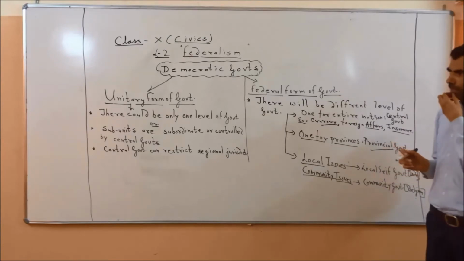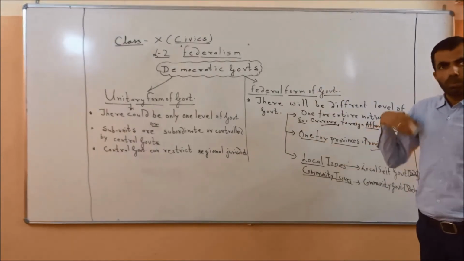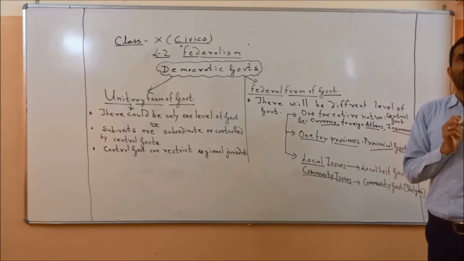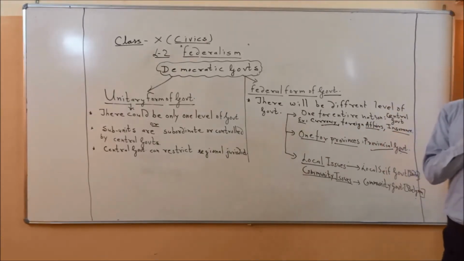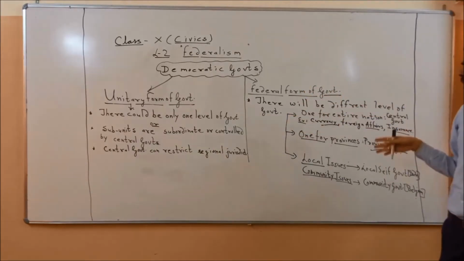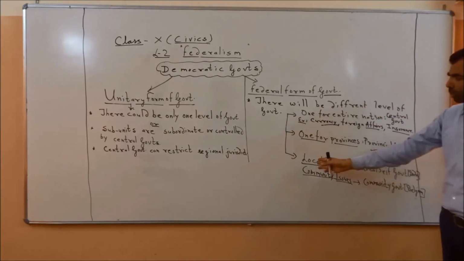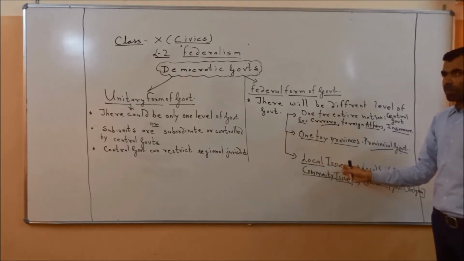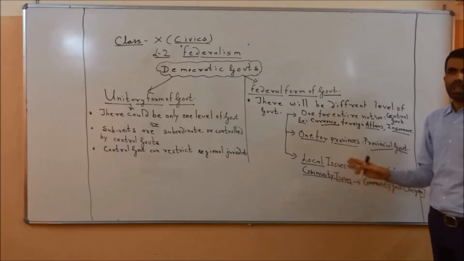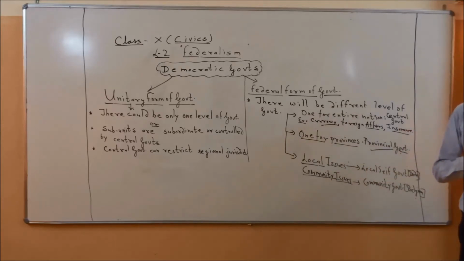So children, see, a federal form of government would be more democratic. Why more democratic? The other is democratic too, but restricted. This is more democratic as there is more involvement of people. Don't you see that in local issues, people are involved in dealing with their local problems? They can contact their local representatives directly.